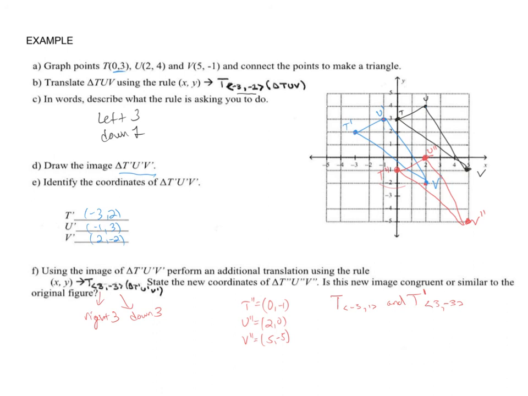I'm sorry, the first one should be -3, -1. So we get -3 plus 3 is 0, and -1 plus -3 is -4. And you can see, from your original pre-image, the black one, to the red one, all that happened was it went down 4 at the end.